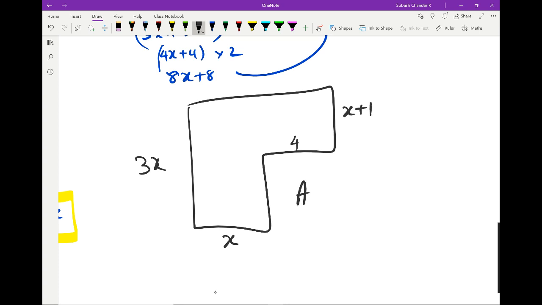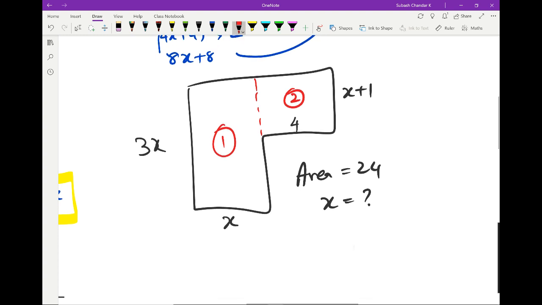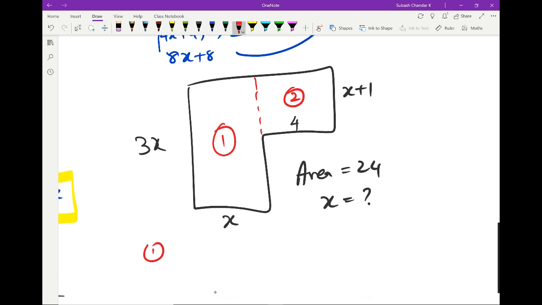And then the area was equal to 24 for this shape, and I needed to find out what x was. So what I'm going to do is split them up into two rectangles. So this is rectangle 1 and rectangle 2. Rectangle 1, I've got base times height, plus rectangle 2, base times height, equals total area, which is 24.